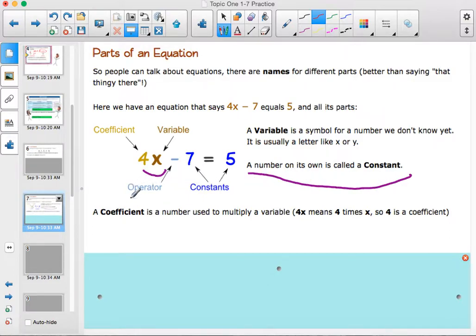And then, of course, we have our coefficient, which is 4. And it gives us another definition: a coefficient is a number used to multiply a variable. Okay, so now we have a couple new words here. We have operator and we have constant. And don't forget that a constant is a number on its own by itself.